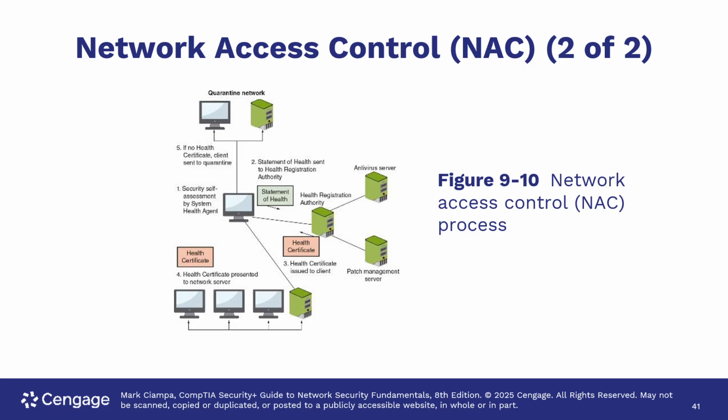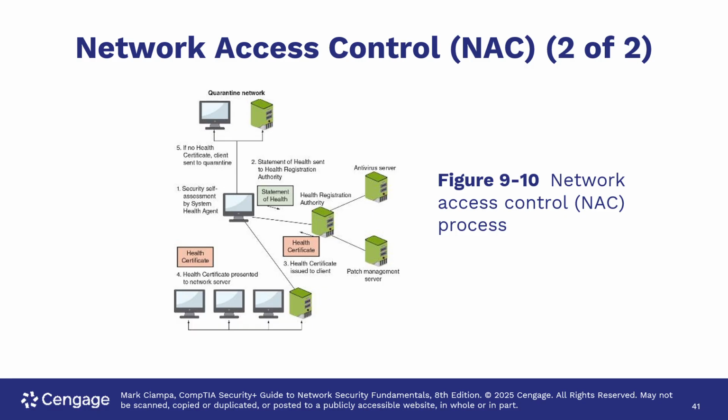So here's an example of a network access control process. You see here in the middle we have security self-assessment to system health agent, and then from there it goes to the health registration authority, and the antivirus server to check, the patch management server to check, and it gets basically a health certificate for that computer that says, yeah, they've got all the proper updates, they have the antivirus, and they get a good health certificate.